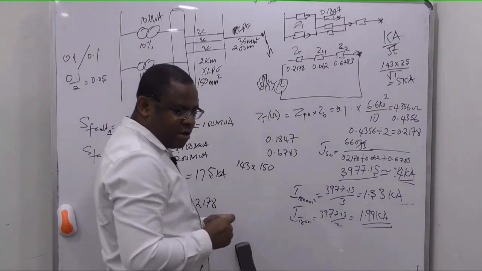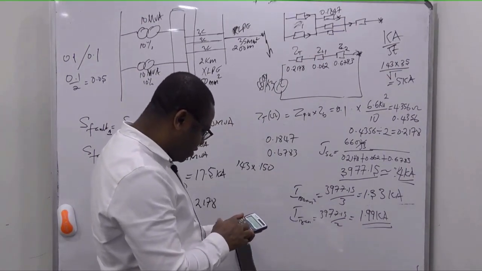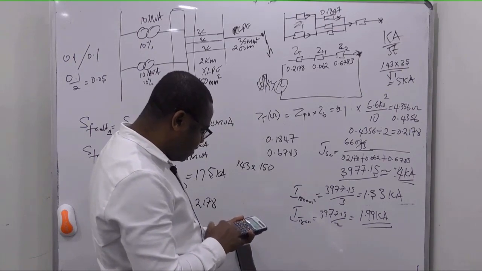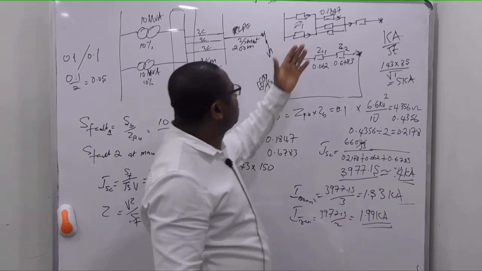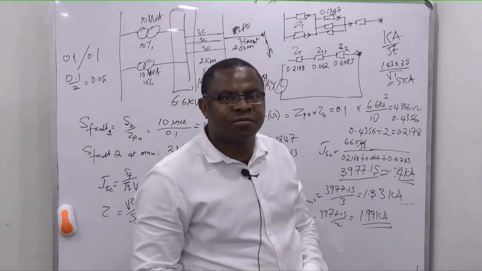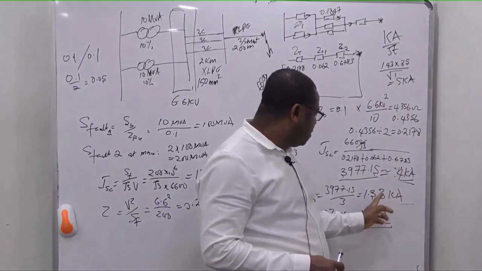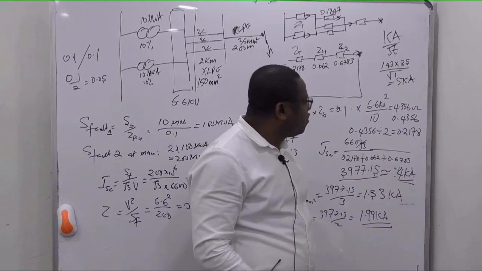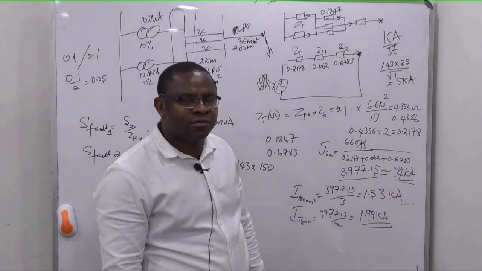So it can take a lot. 143 times 150, it can take about 21 kiloamps. So the cable is safe there, and there's no problem. If this thing was lower than this, then it means that this cable will be damaged.